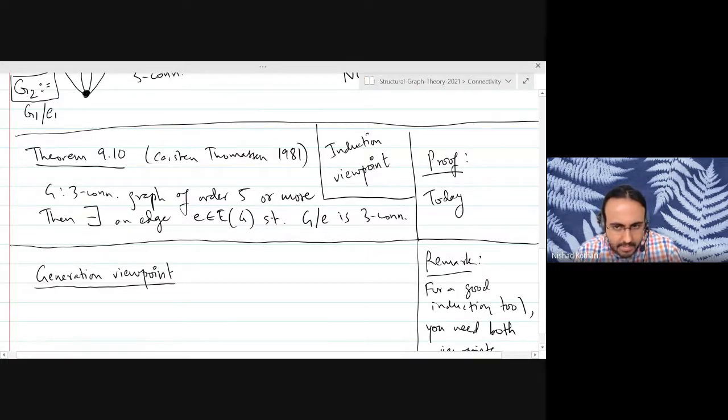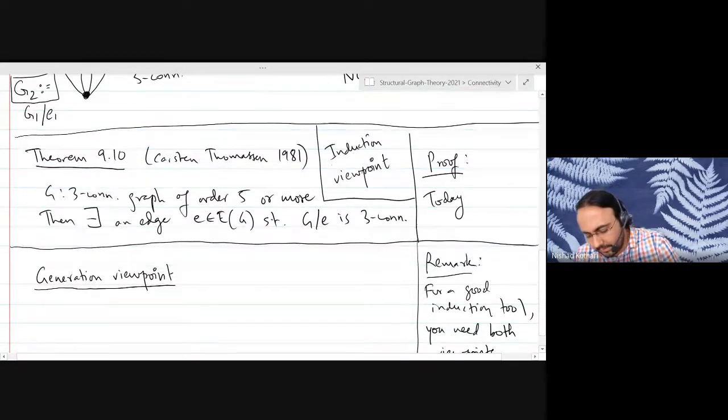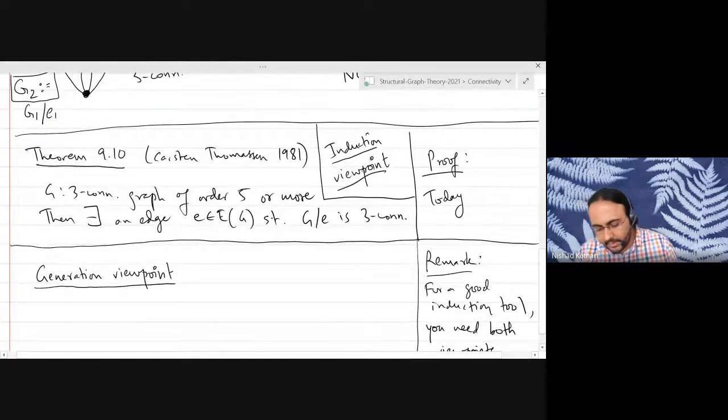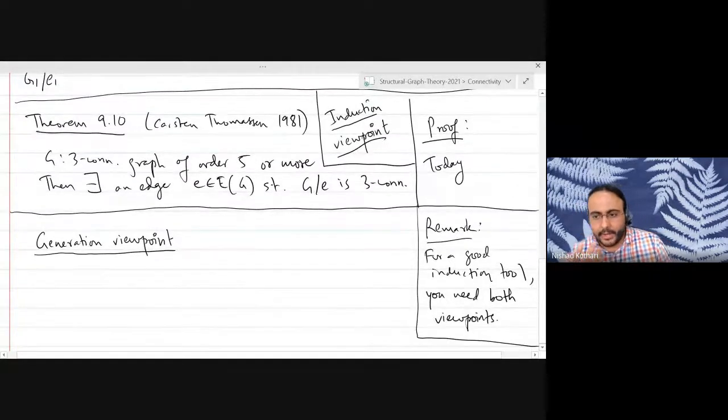So this can be viewed as an induction tool for 3-connected graphs, but it's not really a good induction tool unless you can reverse it. So typically, if you want a good induction tool, like ear decompositions for non-separable graphs, you want something that is reversible. So you can also remove ears, but you can also keep adding ears, right? There the reverse is very obvious.